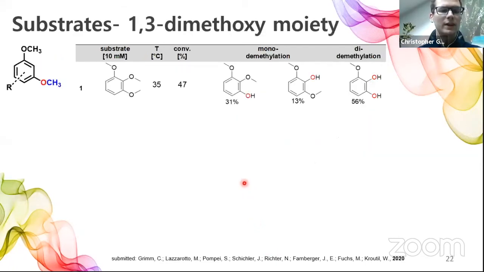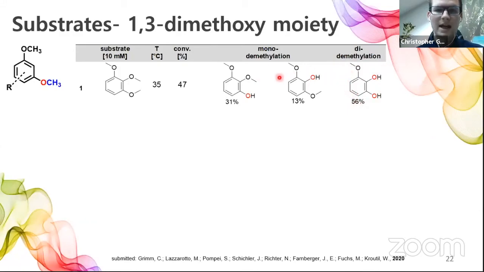And then we also tested two methoxy groups in 1,3 position to each other. Interestingly, also here with entry number 1, with 3 methoxy groups as a substrate, this could be accepted. We cannot observe any triple demethylation, but we have a rather high double demethylation going on in this process.